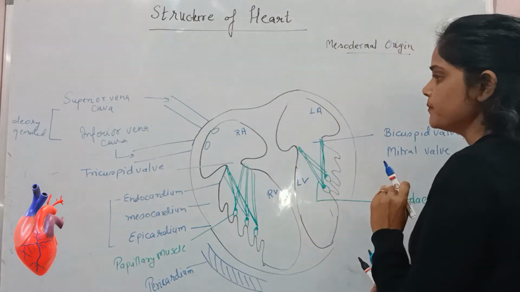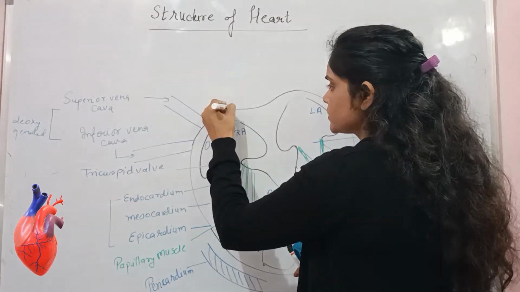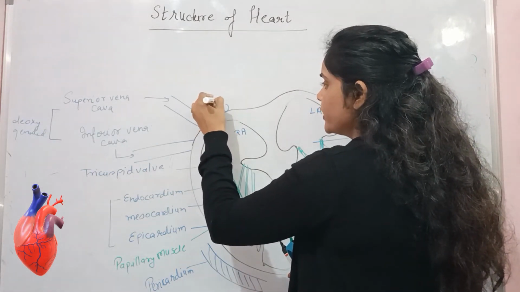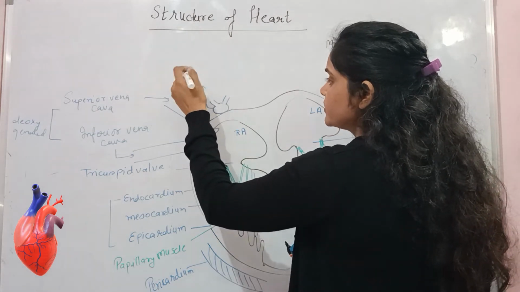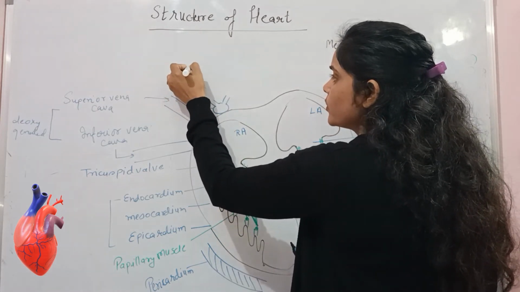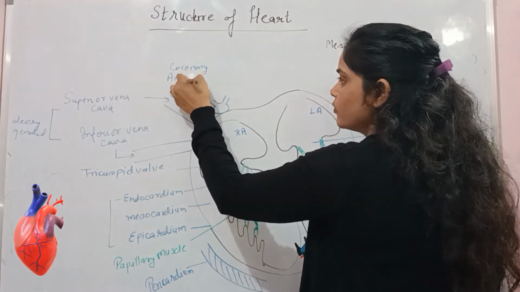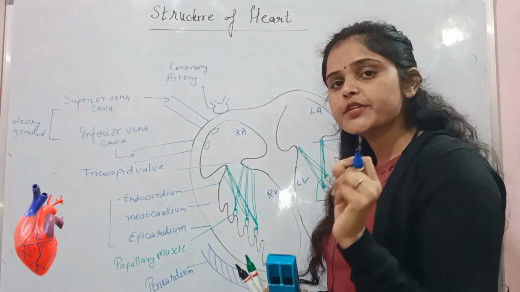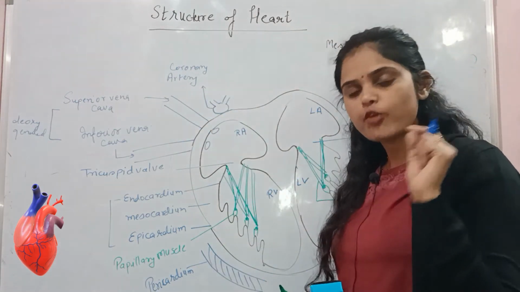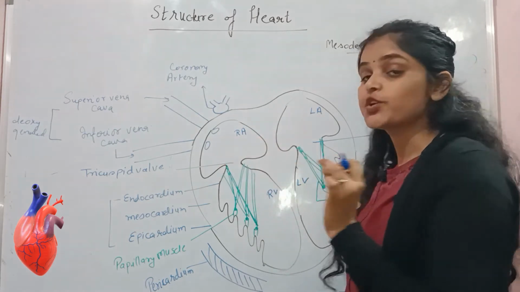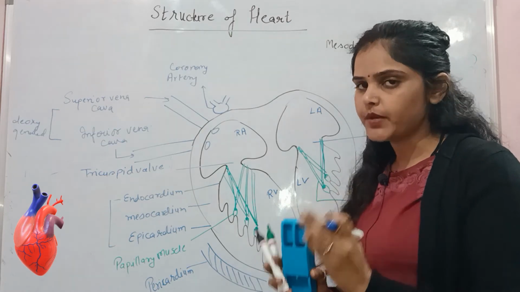Next we talk about another supply, which is known as what? The coronary artery. It is bringing deoxygenated blood from the heart muscles. So what we are seeing is that the right atrium receives all the deoxygenated blood from three important parts.